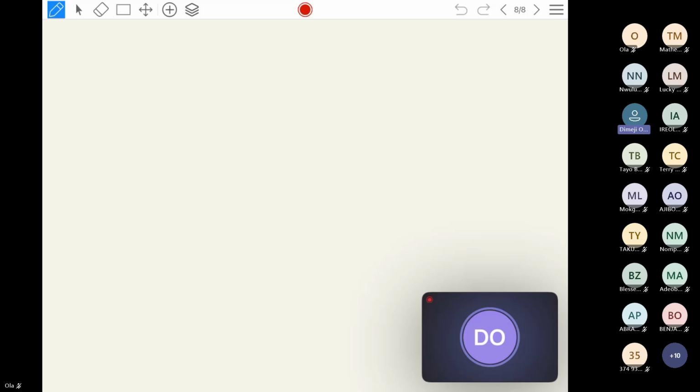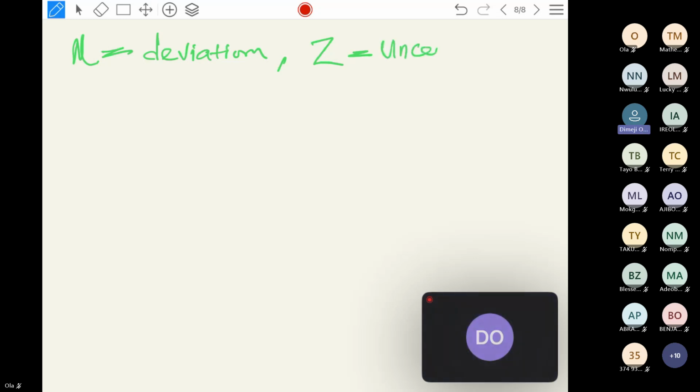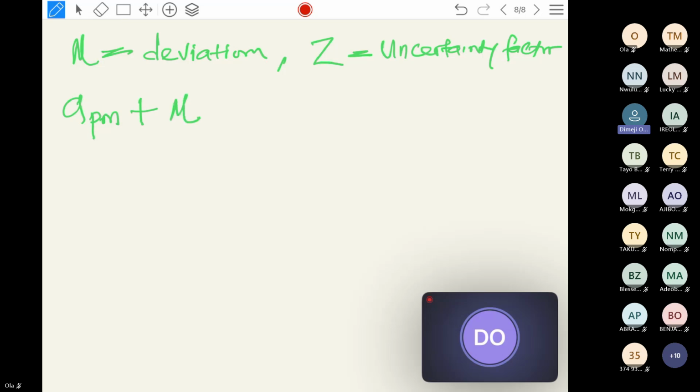So let's assume that mu is the deviation, whether forward or backward, and Z is the uncertainty factor, right? Now, it was only the APM that is subject to uncertainty. So we write APM plus mu Z.